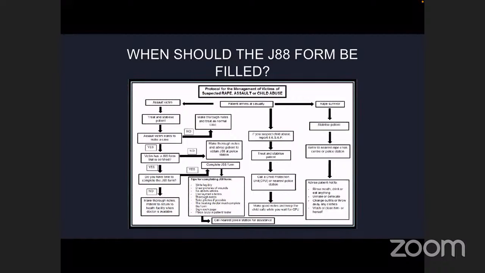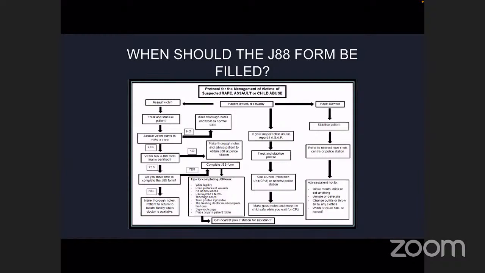And thereafter, if the patient or victim wants to make a case and they have a J88 form that is certified and on them, and you actually have time to fill in the J88 form, then you may do so. If not, if you don't have time and they have the form on them, you would need to make thorough notes so that you can arrange for another time for the J88 form to be filled in.